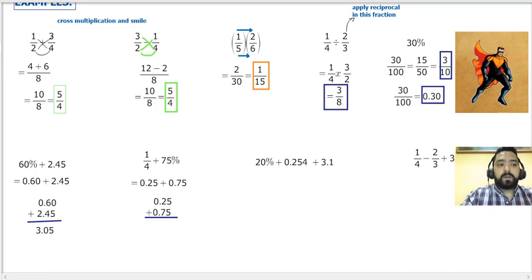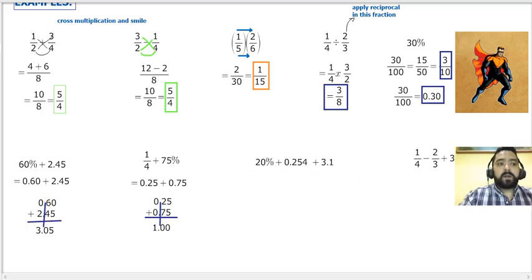And in this one, 5 plus 5 gives us 10, and we have 1. 2 plus 7 gives us 9, plus 1 is 10, and we have 1. So we're going to have 1.0. Remember, the point needs to be lined up in the same position, like this.